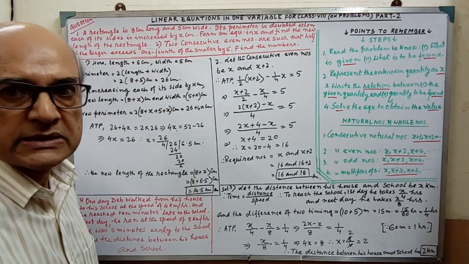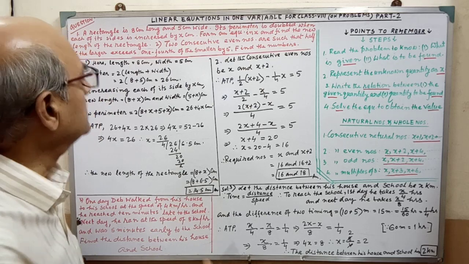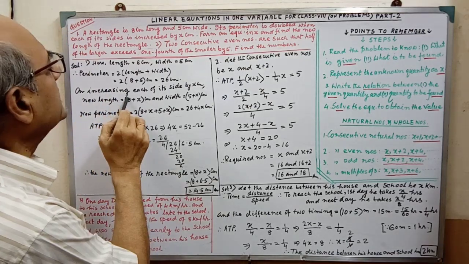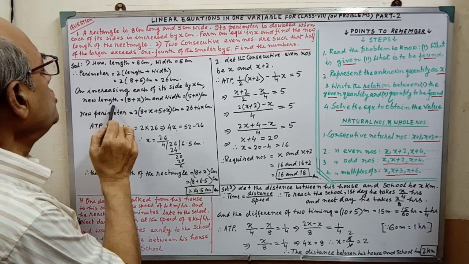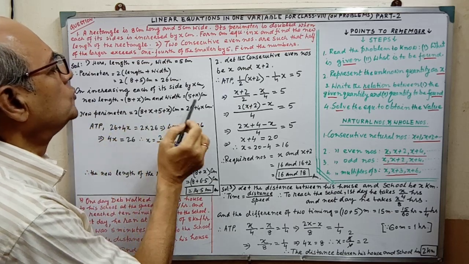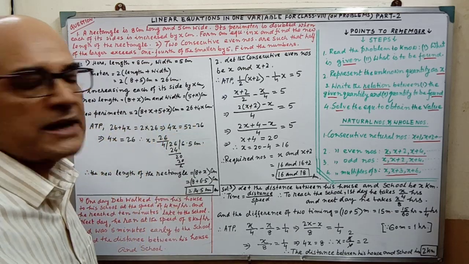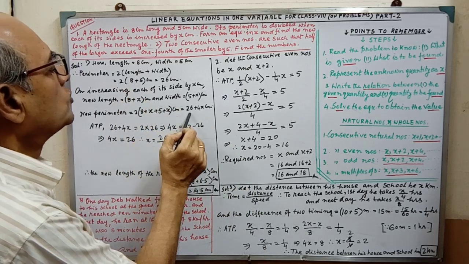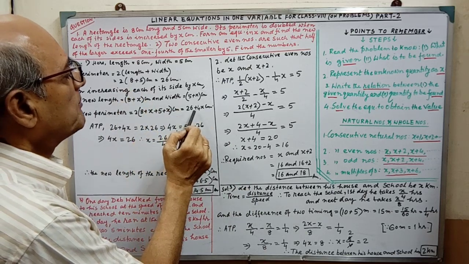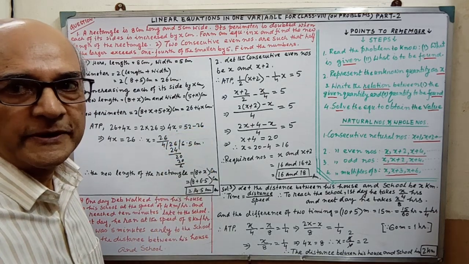Length will be increased by x and width also will be increased. That is, on increasing each of its sides by x centimeter, new length is 8 plus x and new width will be 5 plus x. And new perimeter, by applying this formula, we are getting 26 plus 4x centimeter.